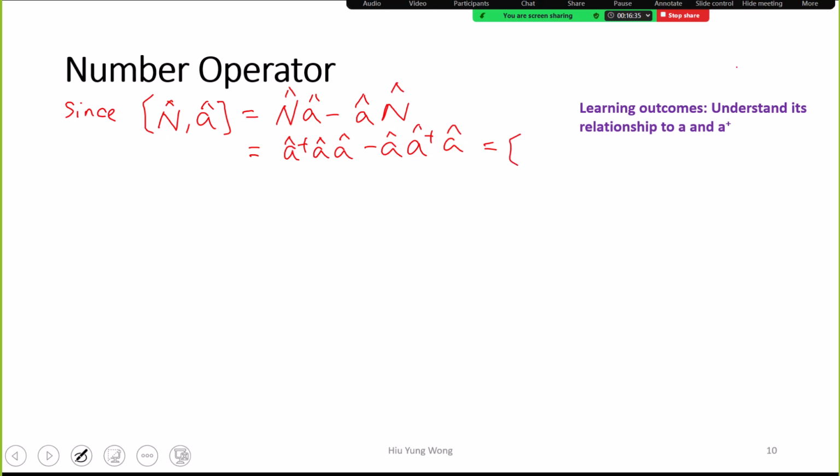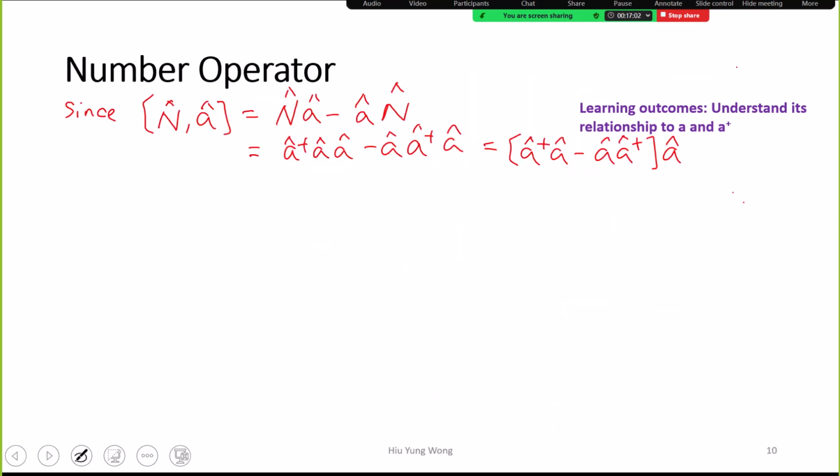I just factorize the A from the left. Okay, I pull out this A from the right. So I have A dagger A minus A dagger.